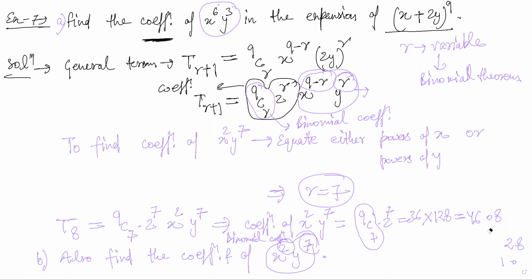So the coefficient is this, and the binomial coefficient is 9C7 only. The answer should be 36.